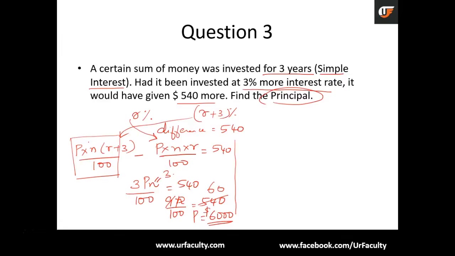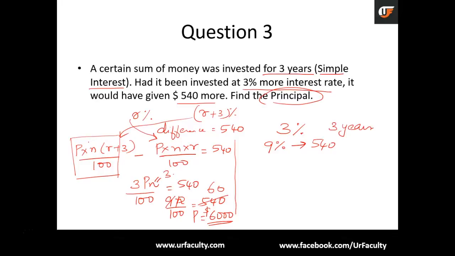Now, there's another way of looking at it. We know that with an increase of 3% for a period of 3 years, the value went up by 540. So what does this mean? A factor of 9% actually helped it in going up by 540.